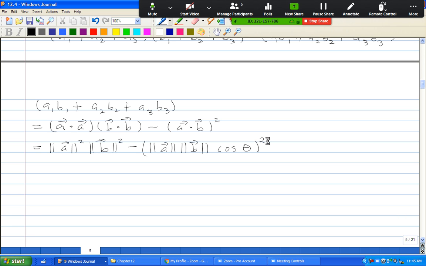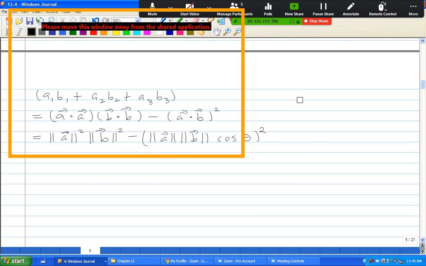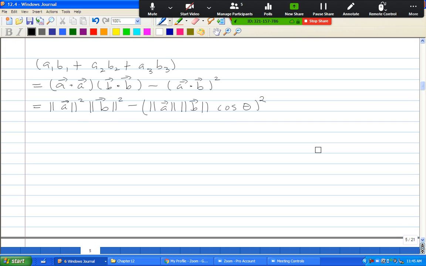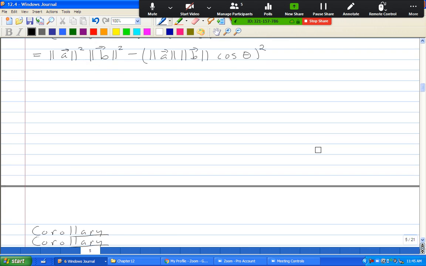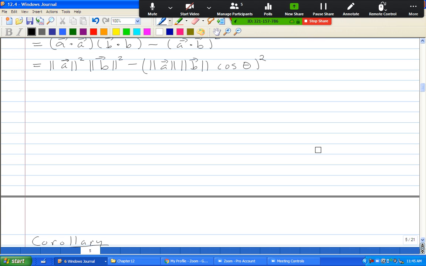Okay, so this is equal to the norm of A squared times the norm of B squared minus the norm of A squared, the norm of B squared, cosine squared theta.